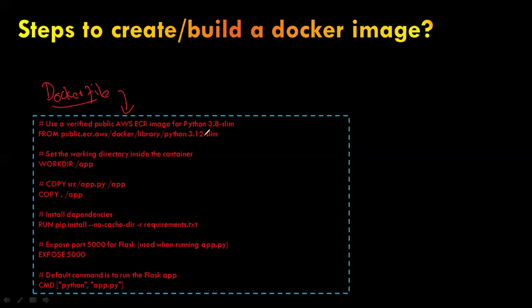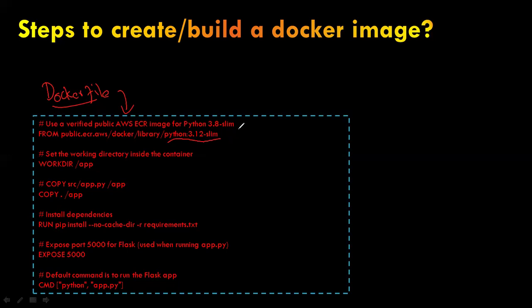In this case, we are using Python 3.12 Slim, which means I'm using the Python 3.12 version in my AWS cloud. You need to pick the correct pack, otherwise it will cause problems. It is a lightweight version and doesn't have extra unnecessary files.